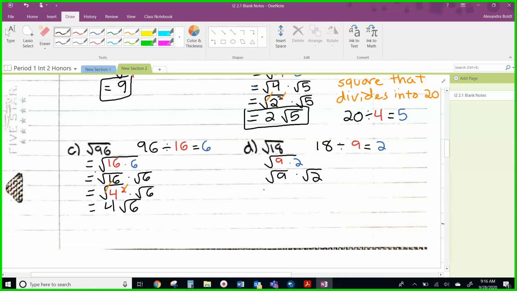Again, we chose 9 as a number we can divide by because 9 is actually 3 squared, right? It's a perfect square. Our square root and our squared cancel. We're left with 3 square root 2.